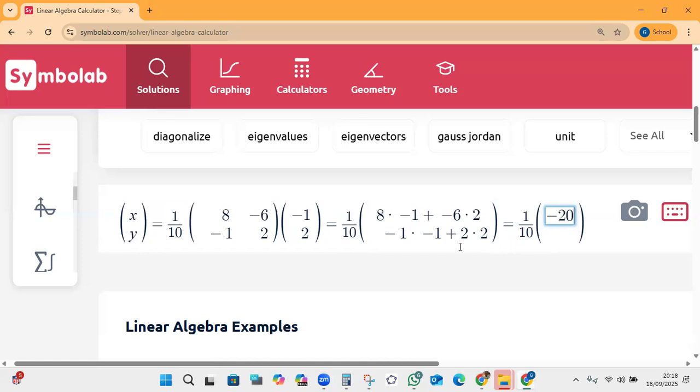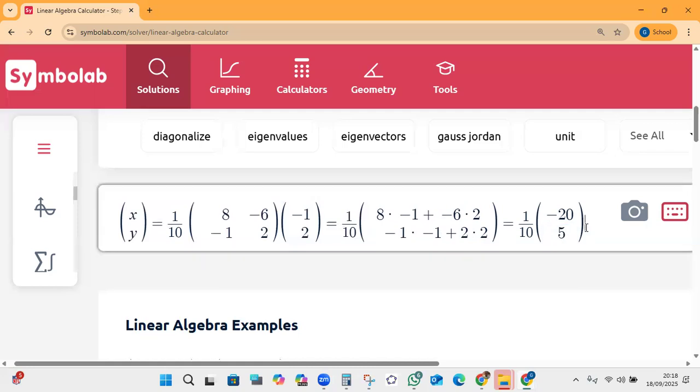Now let's see the other entry. -1 times -1 is 1. 2 times 2 is 4. 1 plus 4 is 5. So we're going to get a half for y. Now we are going to multiply by 1/10, or divide by 10, both the -20 and the 5. We might have to put that in another line.